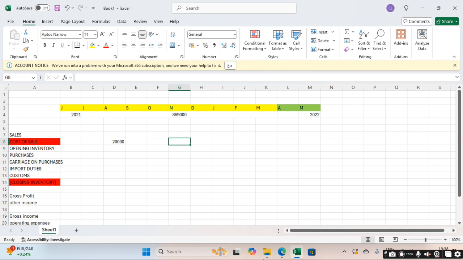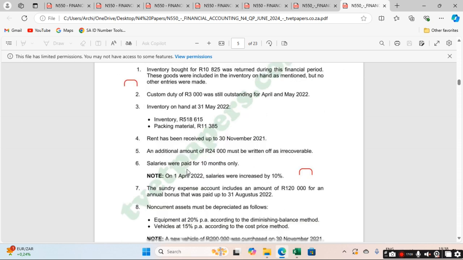So let's see what they say. Note, on 1 April 2022, salaries were increased by 10%. Since salaries were increased by 10%, the remaining 2 months are not going to be the same as the previous 10 months. If we never had this statement, we would simply say 869 divided by 10, to get what we pay per month, and then times that amount by 12.